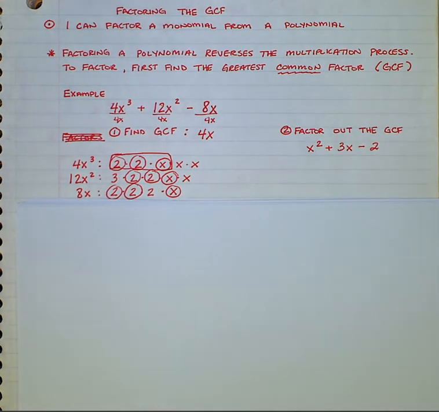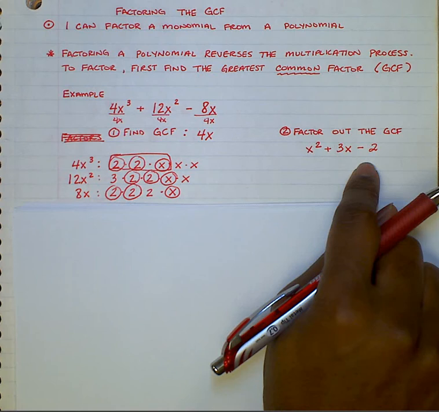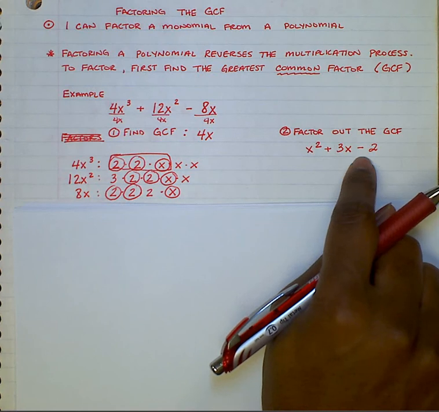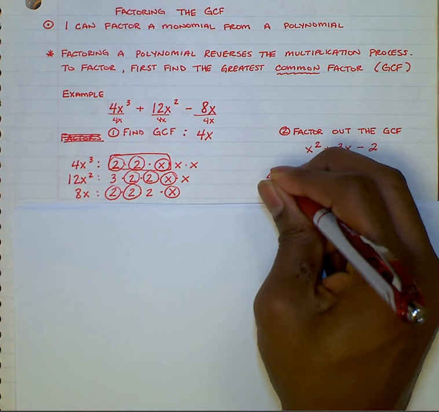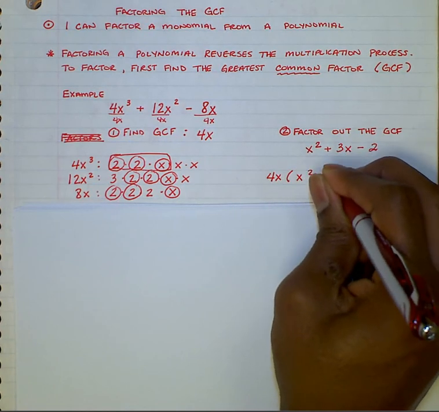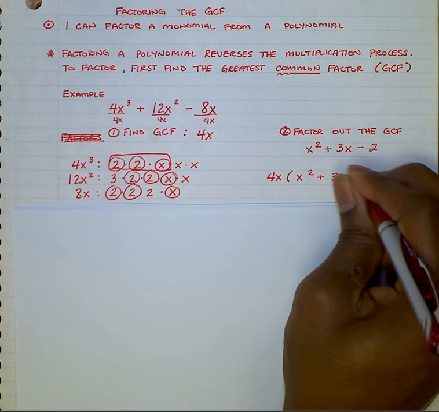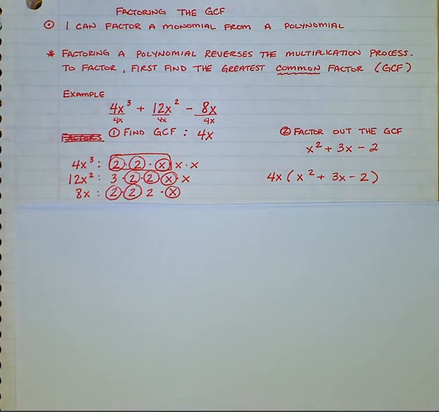Okay? So my GCF is 4x. My factor after I take out the GCF is x squared plus 3x minus 2. So my final answer will look like this. GCF on the outside, remaining factors on the inside. This is 4x cubed plus 12x squared minus 8x factored out.